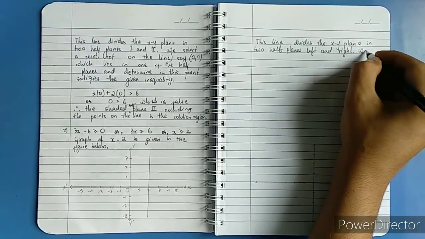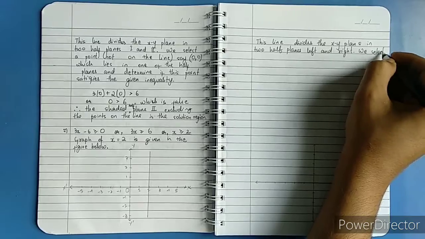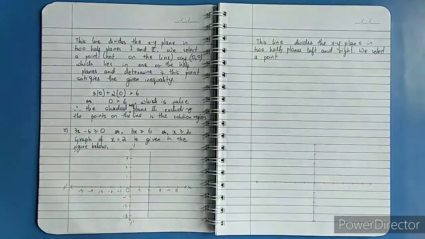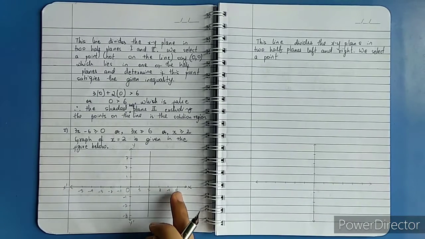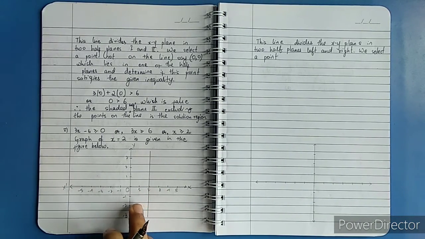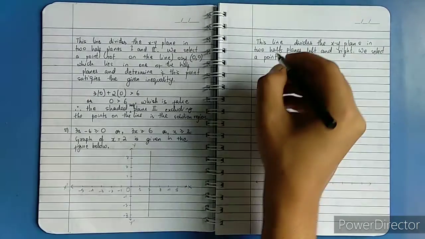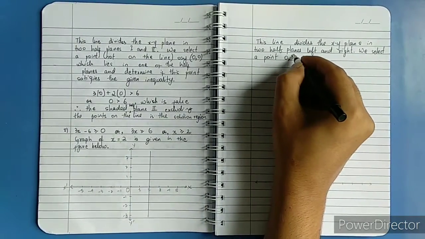Now what we do is we select a point which should not be on the line. So you can select say 5, 0 or 1, 0. You can take any point. Say we take 0, 3. This is not on the line.